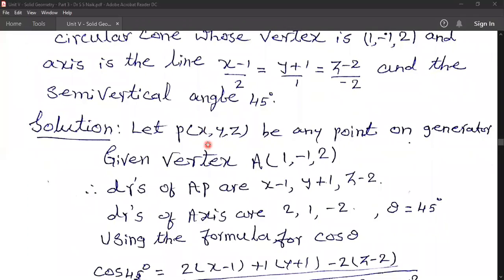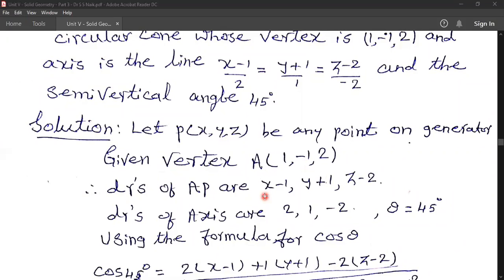Let P(x, y, z) be any point on the generator, given vertex A (1, -1, 2).